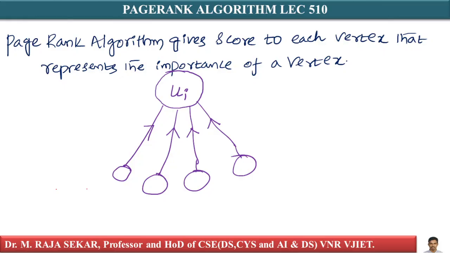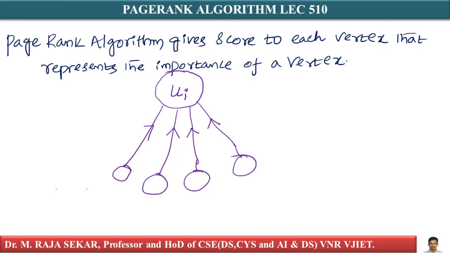Remember, PageRank was designed for internet or web search. It was not created to recommend friends, but still this is a very important property of a vertex in a graph. Now logically think about it.